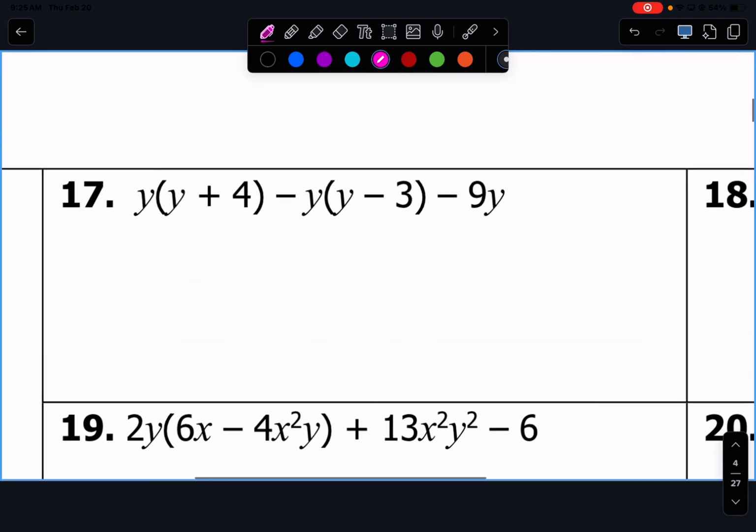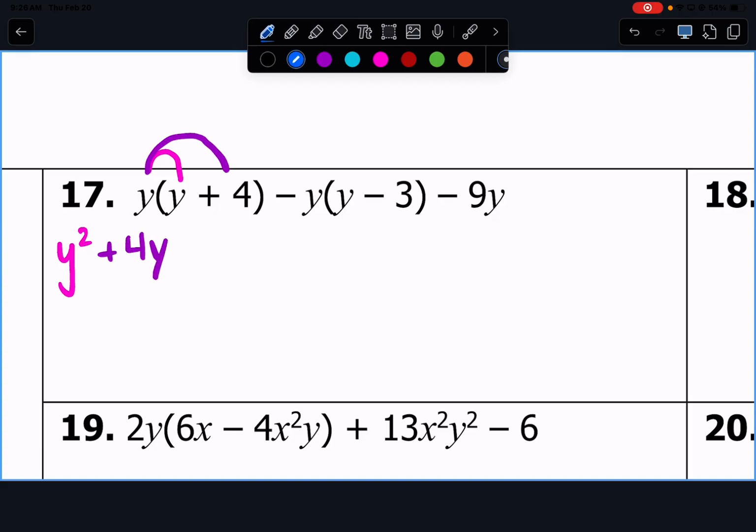We're going to look at 17. Okay, for 17, let's do the first part. Y times Y is, okay, Y times 4 is, now we're going to do the second half.